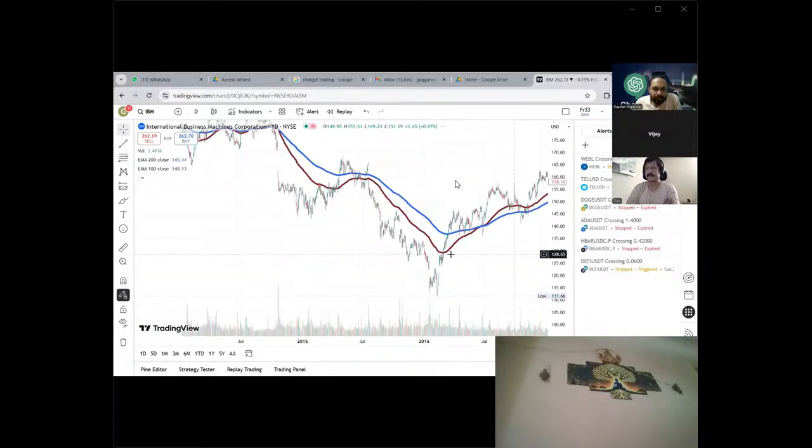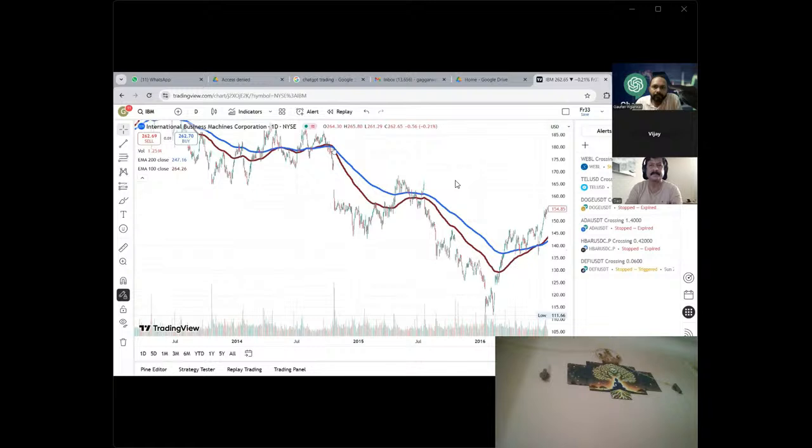See here. In this scenario, it went up, right? But the line is still below the blue line, so the trend is still a downtrend.